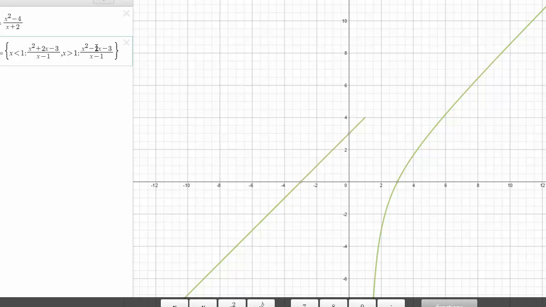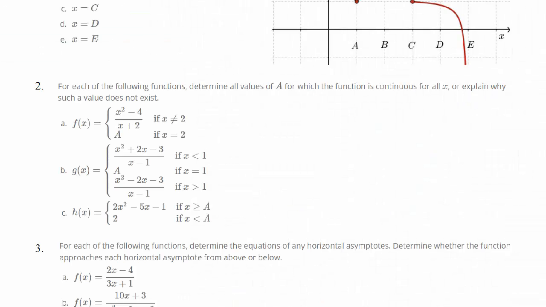Anyways, when x is greater than 1, you're going to factor it, and you're going to find out that this winds up being some crazy reciprocal function. There's going to be something in the bottom that doesn't cancel. And so you wind up with it being asymptotic to x equals 1. So there's nothing you can do about it. Nothing's going to cancel top and bottom. There's no way you can make this thing continuous.